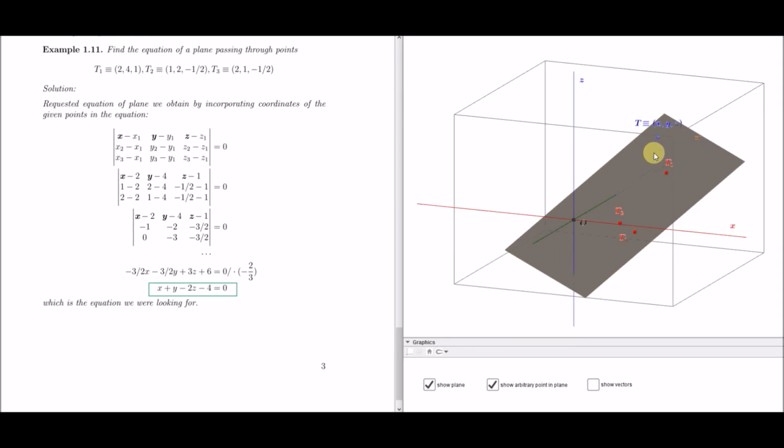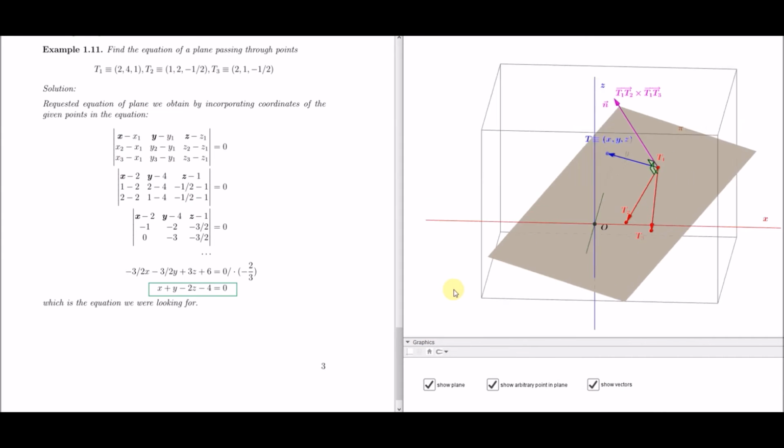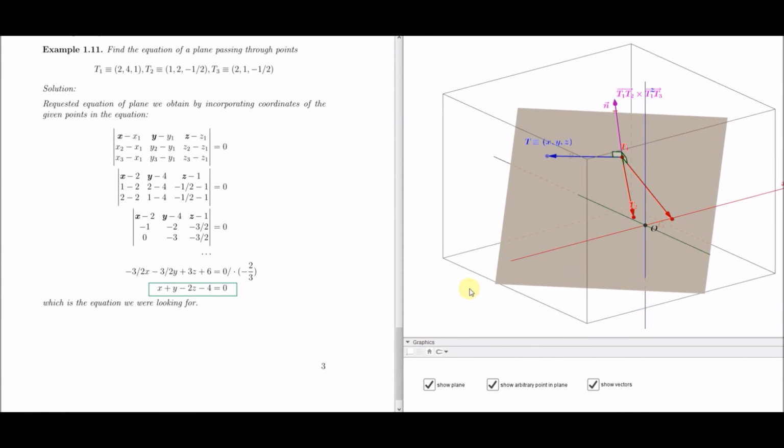The requested equation of the plane we obtain simply by incorporating the coordinates of the given points into the equation above. Putting the coordinates of the given points into this equation, we get the following equation: x minus 2, y minus 4, z minus 1, etc. equals 0.